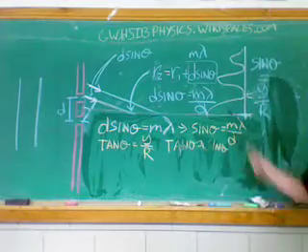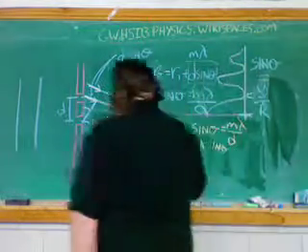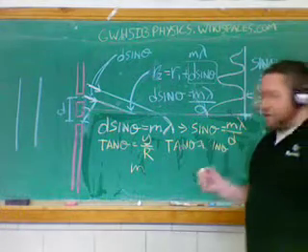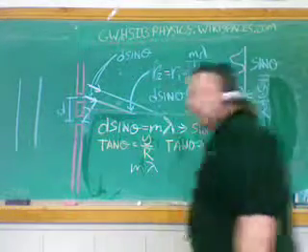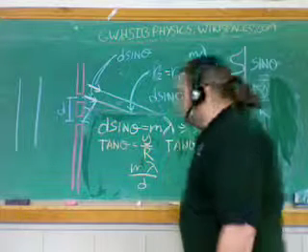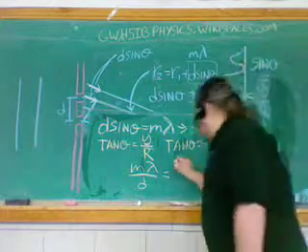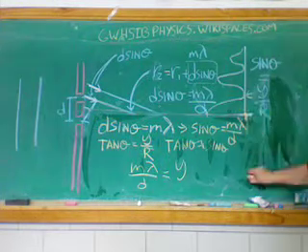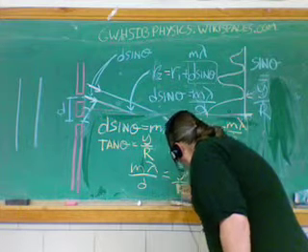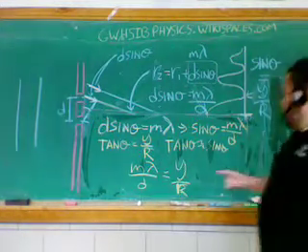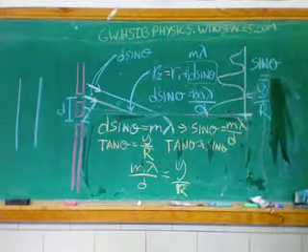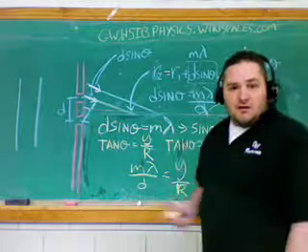Now, if I do a substitution, I end up getting m, which is an integer, 1, 2, 3, 4, 5, times lambda over the distance in between the two holes is equal to y, which is the distance from here to that bright spot, divided by big R. Can you see that? Yeah. Where big R is the distance from here to here. So now I have my equation for interference.